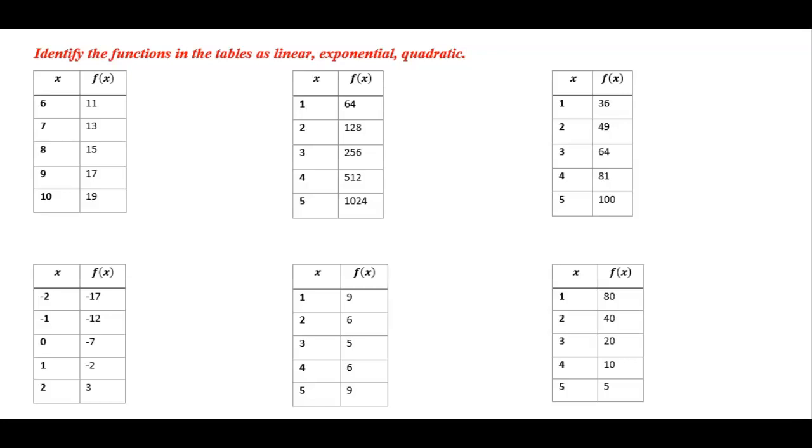Let's see what you add to the 6th term to get the 7th term. The 6th term is 11 and the 7th term is 13. So 11 plus 2 is 13. To get from the 6th term to the 7th term, we add 2.